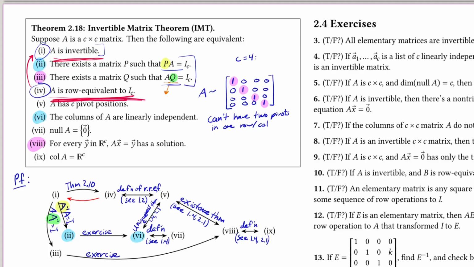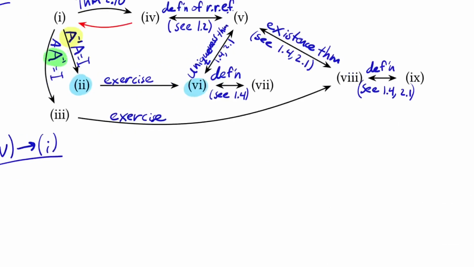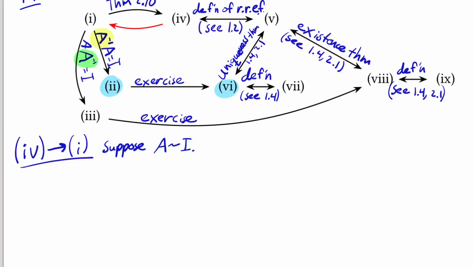So let's work out the details here. We start by assuming that A is row equivalent to the identity, and we want to show A is invertible, which means A inverse exists.